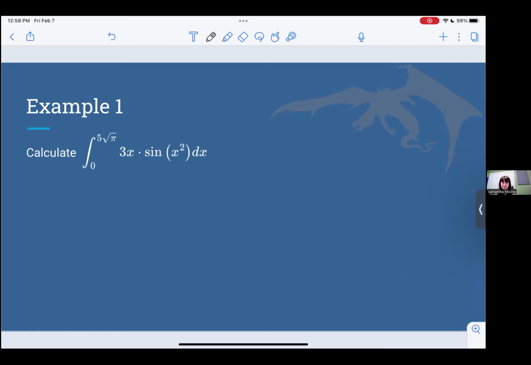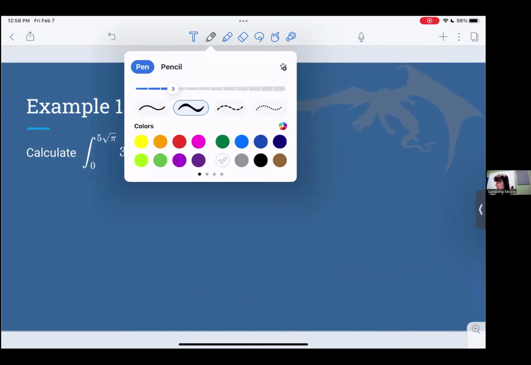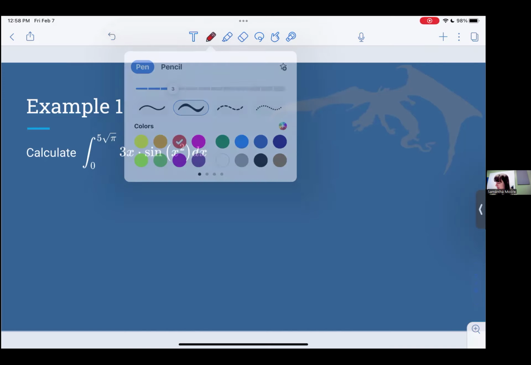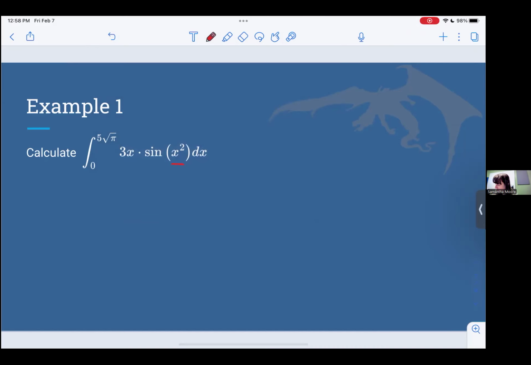Okay, so let's see an example of this in action. We're asked to calculate the integral from 0 to 5 root pi of 3x times sine of x squared dx. You can try the FTC and all the methods that we have so far, but it's not going to be super helpful. What I'm going to recognize instead is that I have x squared and I have 3x.